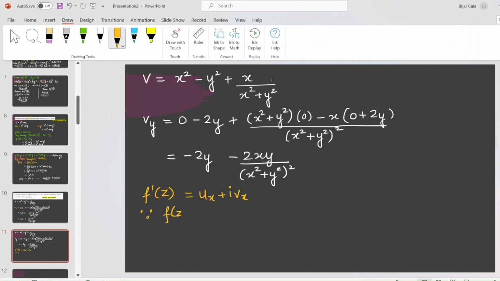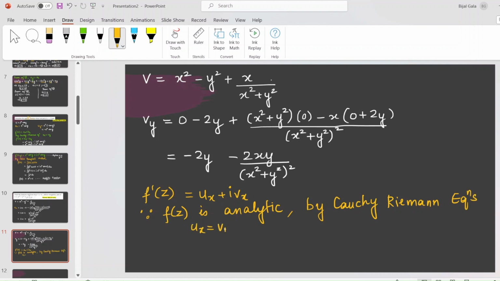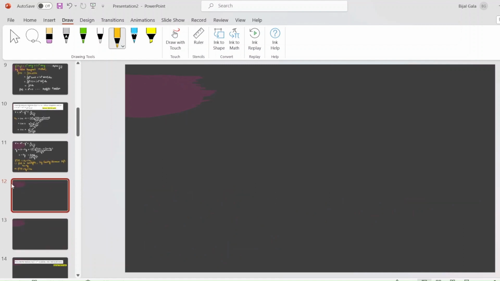So since f of z is analytic, by Cauchy-Riemann equations, we claim that ux is equal to vy. That is your first Cauchy-Riemann equation, which implies f dash of z over here will be vy plus ivx. Vy plus ivx.